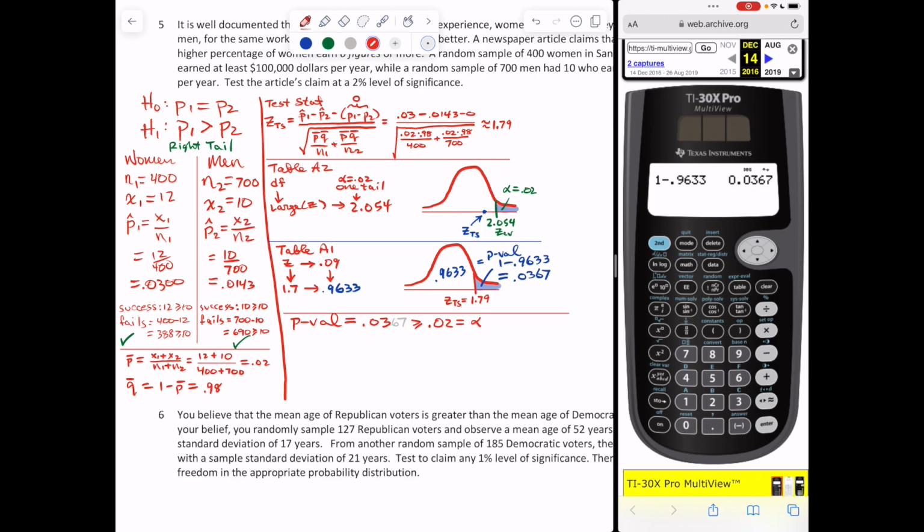It's greater, it's not less, okay? So not less means that we are going to fail to reject the null hypothesis, and don't support H1.